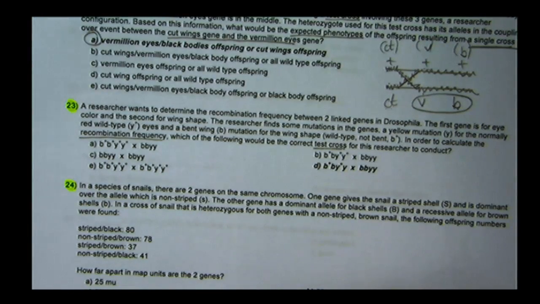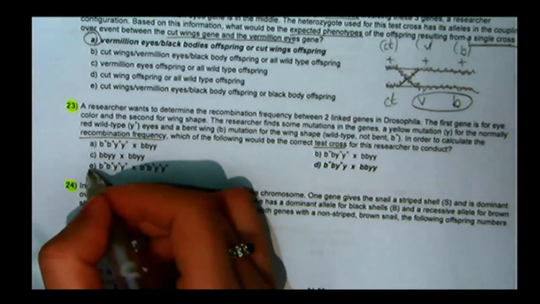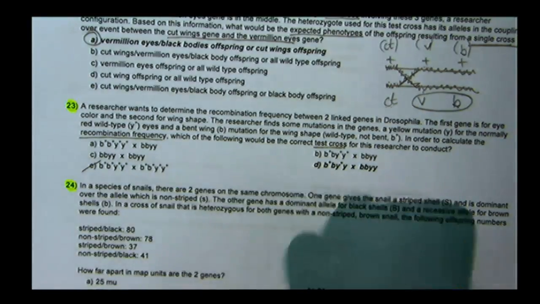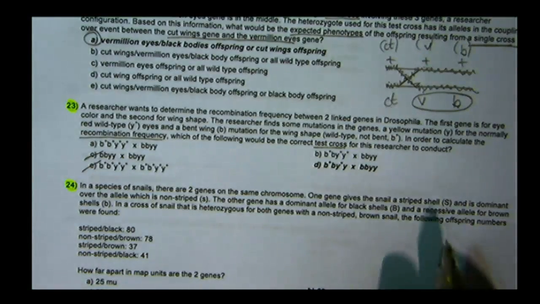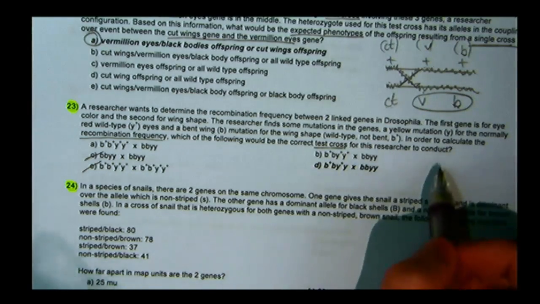And we're doing a test cross, so it needs to be a homozygous recessive and, let's see, crossed with a heterozygote. So you can either go from there, or you could go back and look and see. Oh, it doesn't even tell you. All that you need to know is that you're crossing a homozygous recessive with a heterozygote. So that would be D. That's all you have to do in this kind of situation.